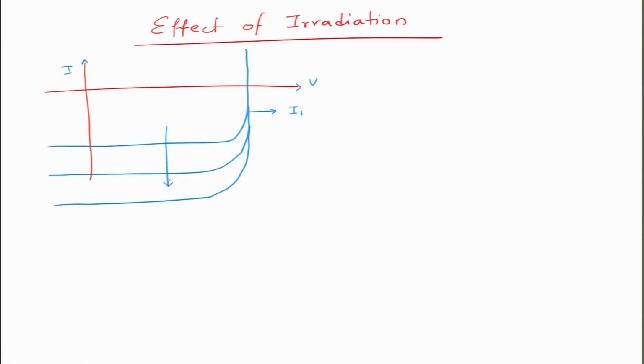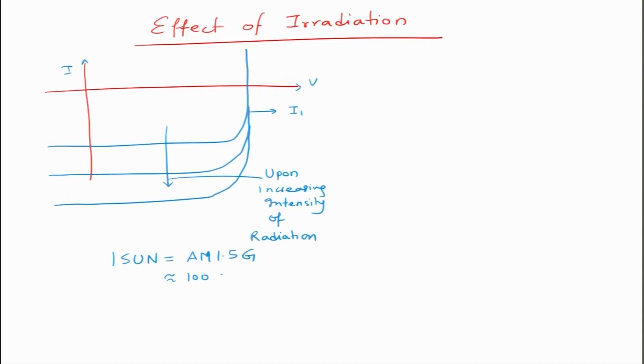So, this will be upon increasing the intensity of radiation. As we said earlier, we defined this in 1 sun. 1 sun is equal to AM 1.5 G, which is equivalent to 100 milliwatt per centimeter square.